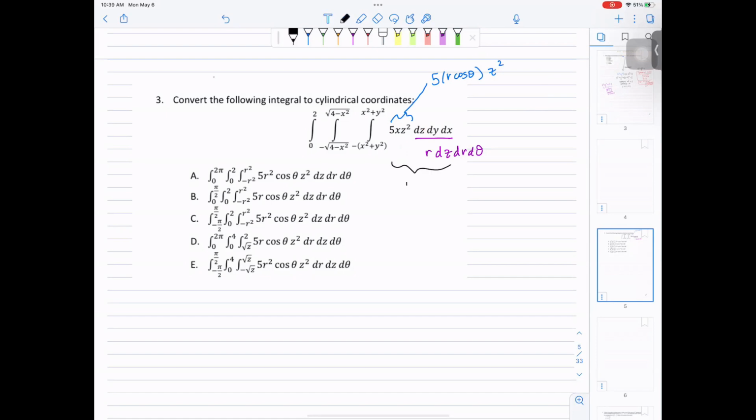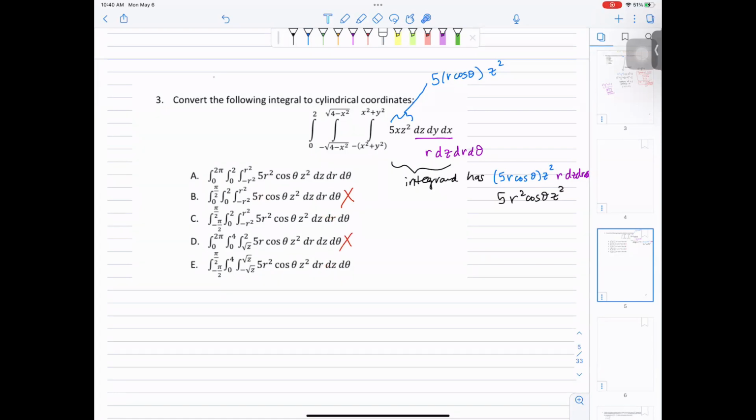Let's say the integrand has the blue part, which is 5r cosine theta z squared, times the purple part, r dz dr d theta. So I need a 5r squared cosine theta z squared. This one doesn't have an r squared, so I know already that this one can't be right. This one also doesn't have an r squared, so I already know that's not right. So I'm left with these three options.